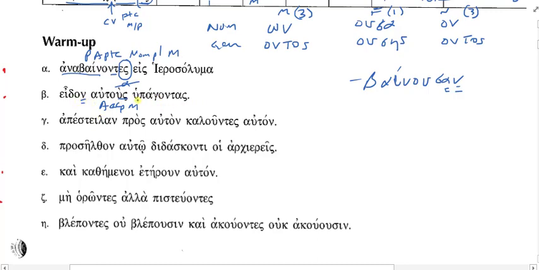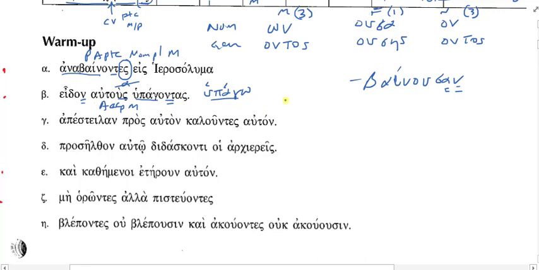And then we have hupagontas. What's the lexical form of this verb? Hupago. And what does hupago mean? To depart or go away. Now, I have the hupag of the lexical form, which means this is the present stem, but I have a new tau.